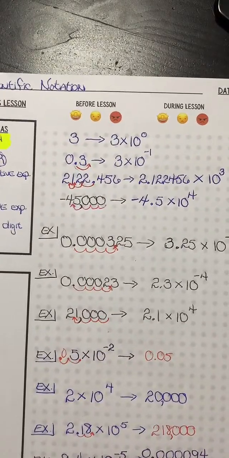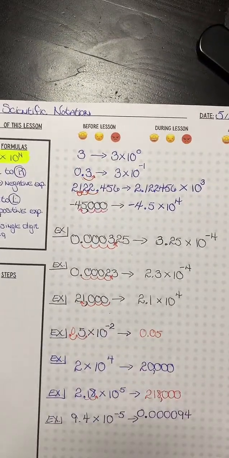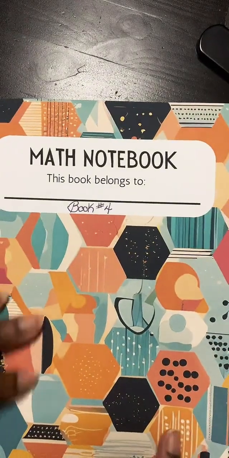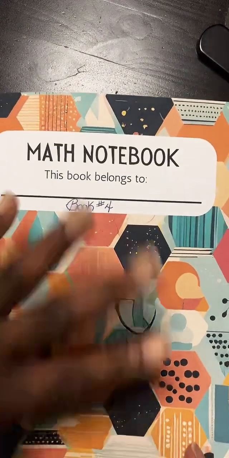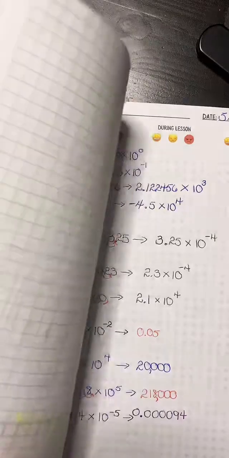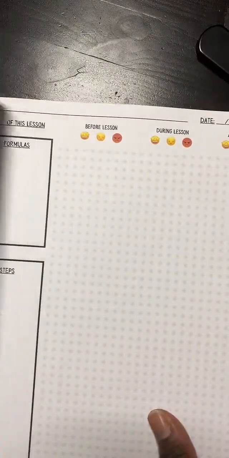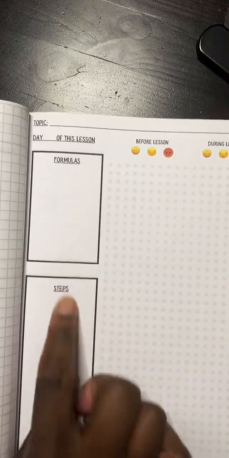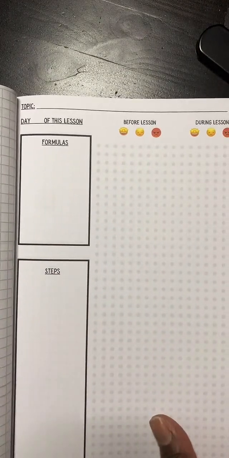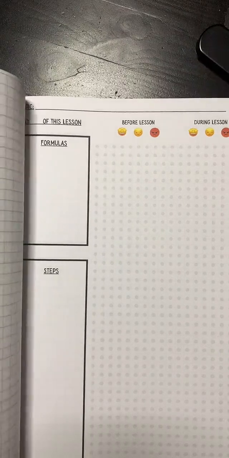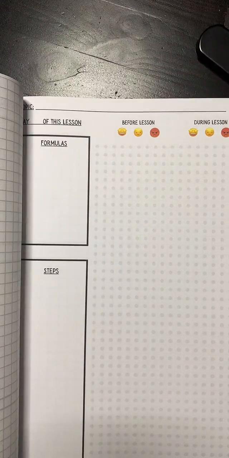So last bit, if you like how this book is set up, yes, this is a book, and I designed it. This is book number 4. It's 100 pages, and it gives you a section to put your formulas. You can write your steps in there. Let me see if I can snag one of the previous books.